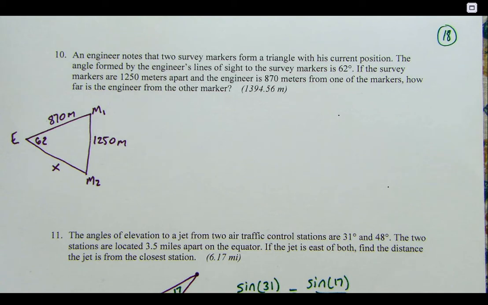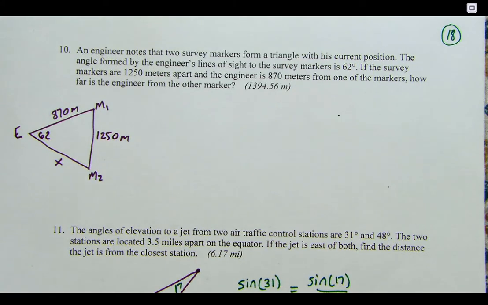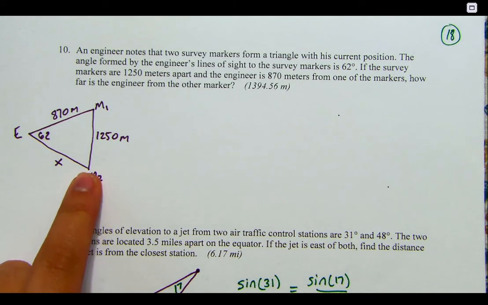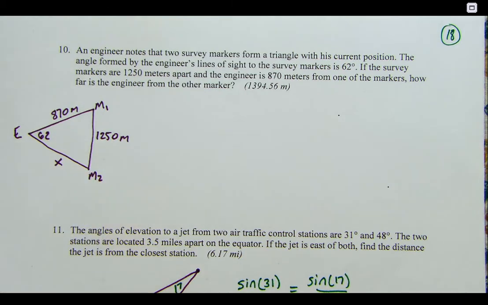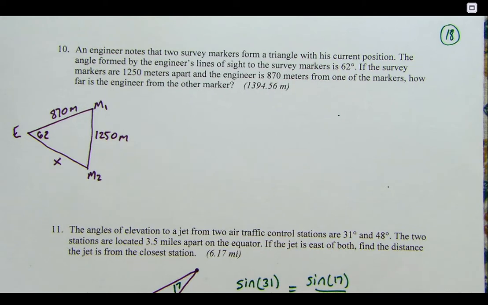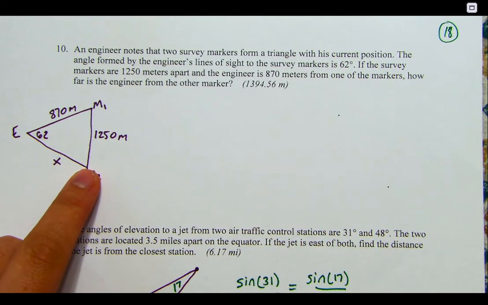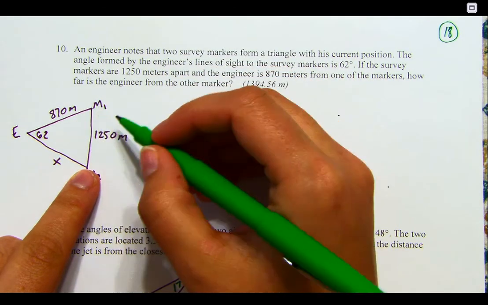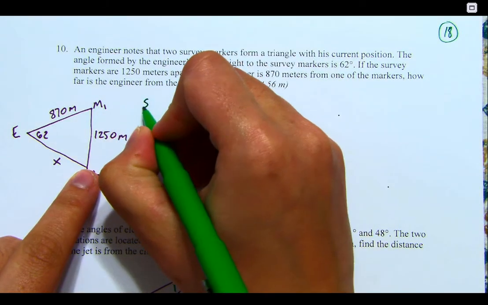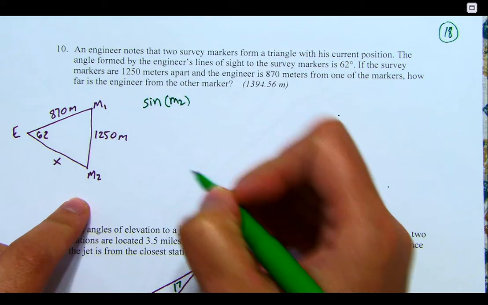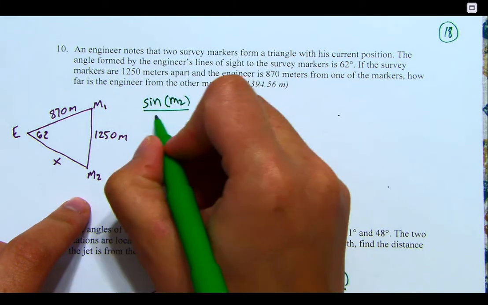So looking at my picture right now, I have an angle and a side across from it, and I have a side. So that means that I can find this angle across from it using the law of sines. So to set that up, it doesn't really matter what we label that. So I'm just going to use the sine of M2, because that's what my vertex is labeled, over 870.